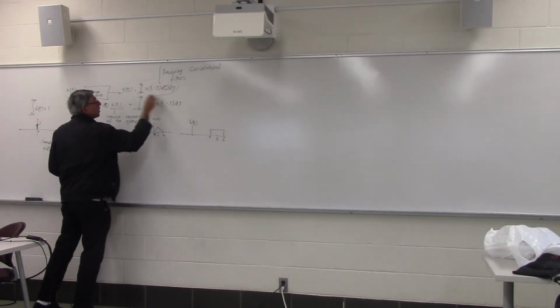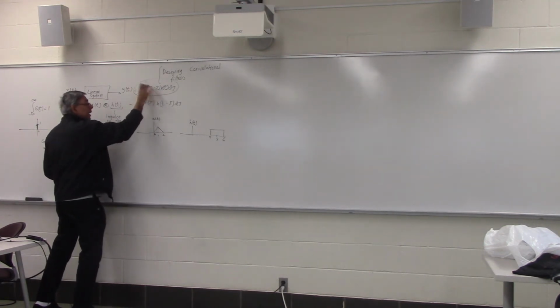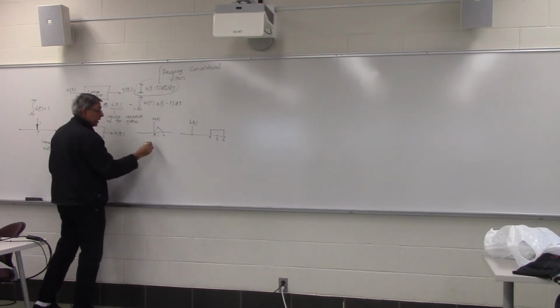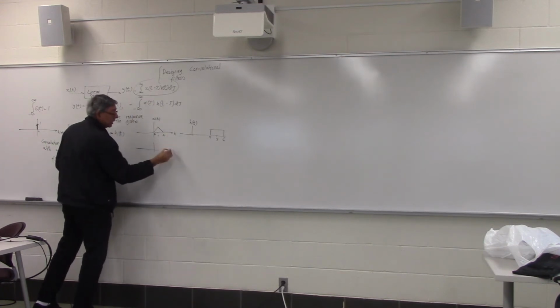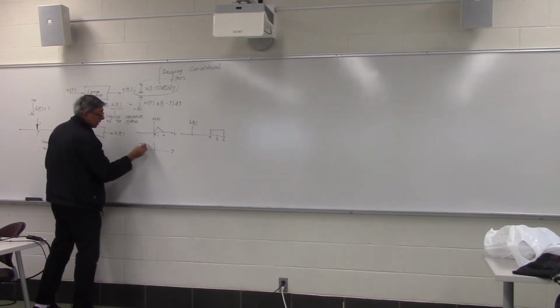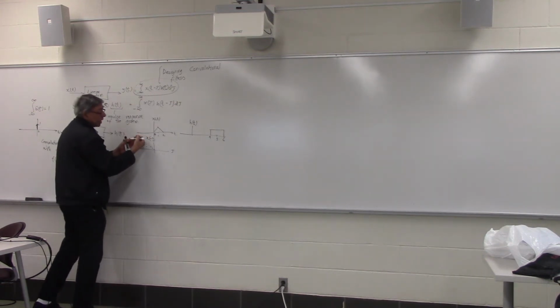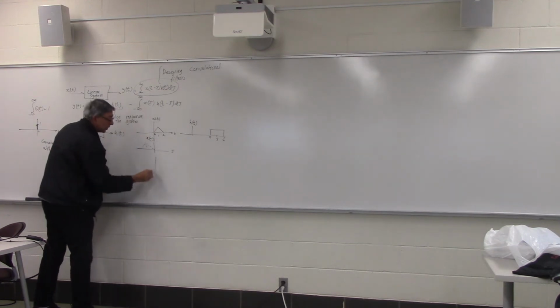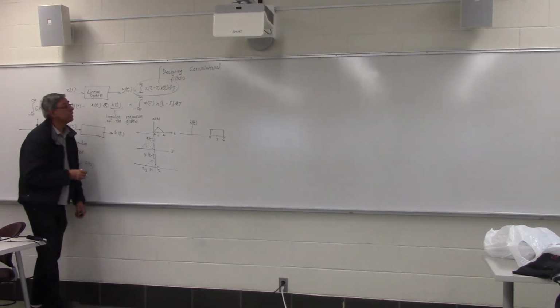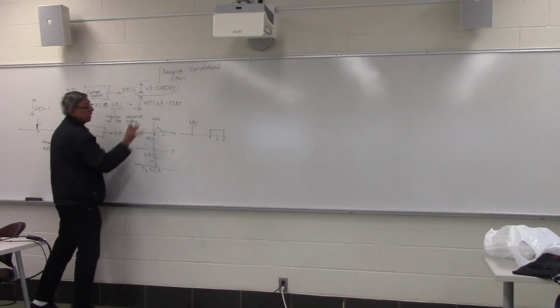If you focus on this part, x of minus tau basically flips this thing when we change the t scale to the tau scale. And t minus tau is basically a slide: this is t, this will be t minus 1, this is t minus 2. This is how x of t minus tau will appear, and then all we are doing is multiplying the two and integrating.